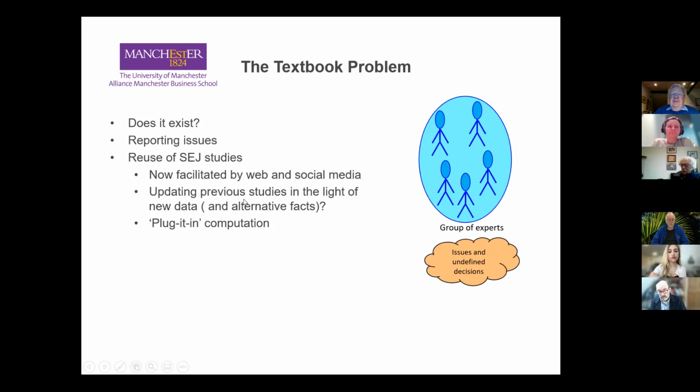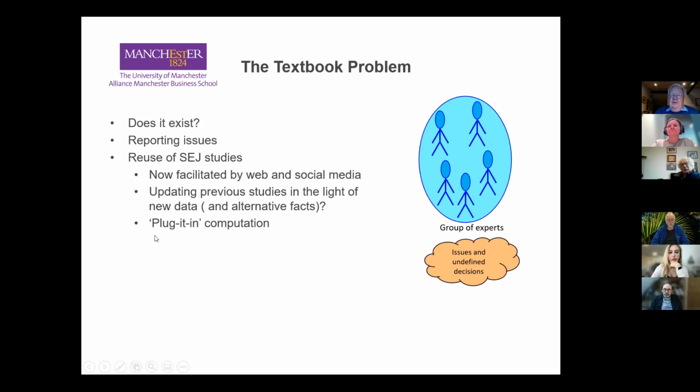They've been out there for some time, so we might want to update them, and there's going to be new data, but there's also a hell of a lot of alternative facts. Back in the 70s, I don't think any of us worried about facts available to the public that they will believe that were completely false, but such alternative facts are out there today, whichever side of the fact you're on.